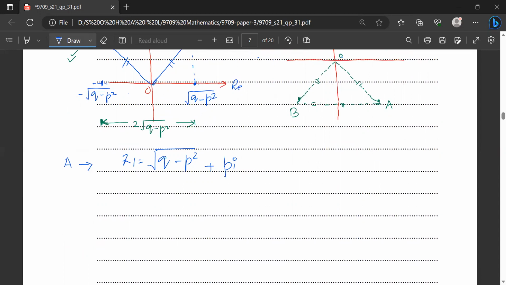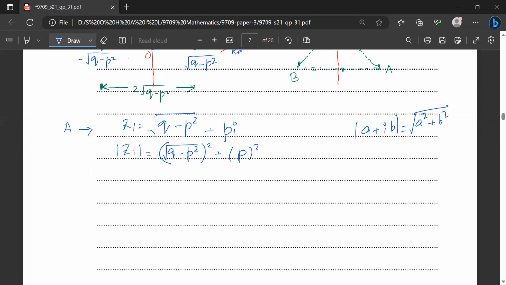Then the magnitude of z1, the modulus: if you have a plus iota b, the modulus of a plus iota b is the square root of a square plus b square.